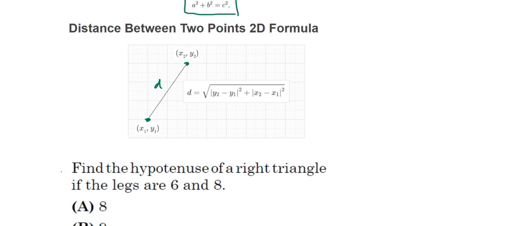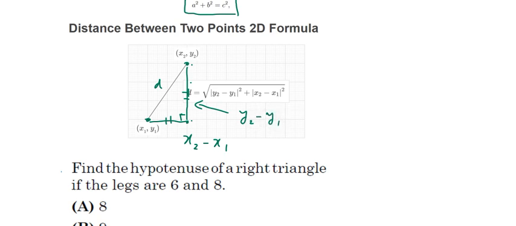So this is just a right triangle. This side is x2 minus x1, right? And this side is y2 minus y1.